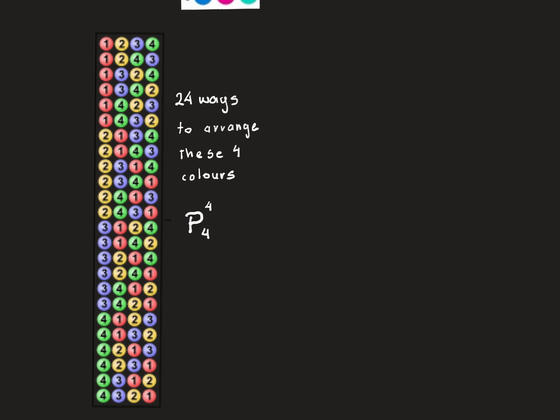And we could calculate this using the above formula, which will be factorial 4 over 4 take away 4 factorial, which becomes factorial 4 over factorial 0. And as before in the video, I said that you really need to remember that factorial 0 is equal to 1.